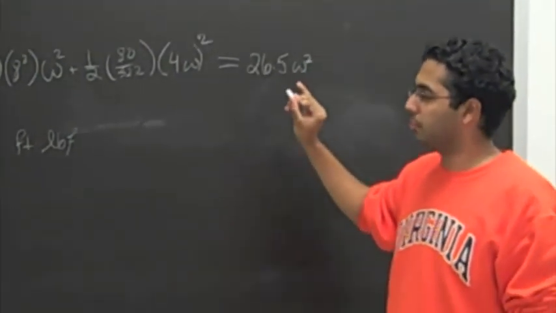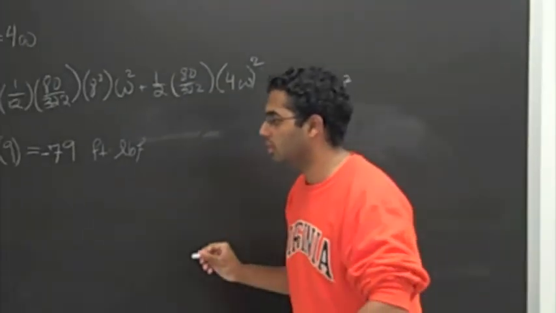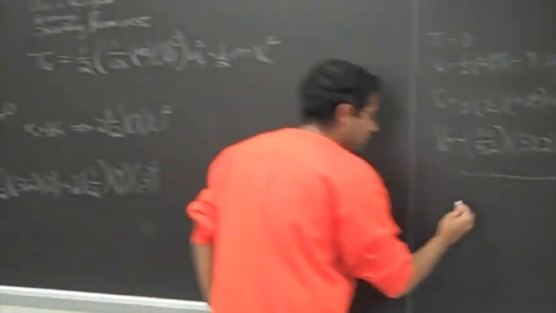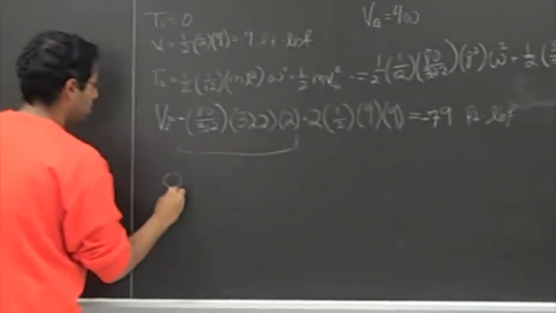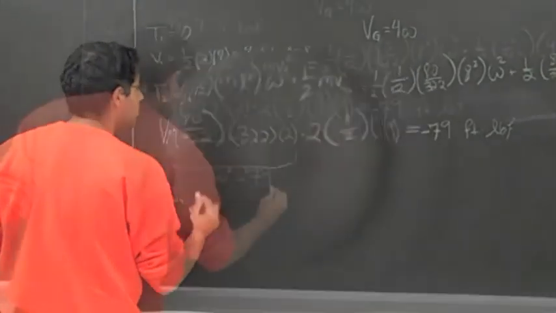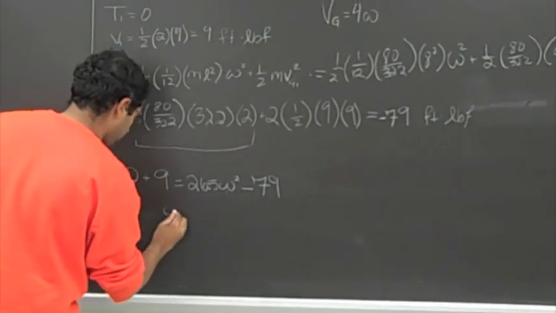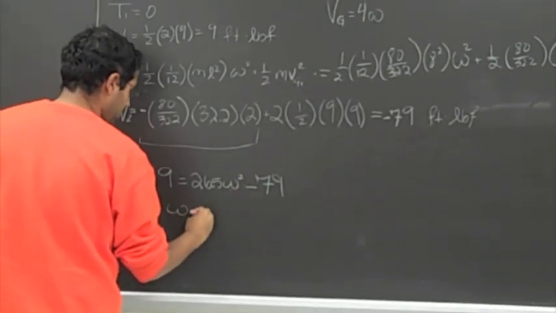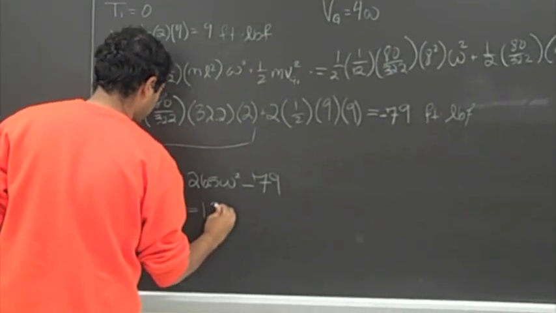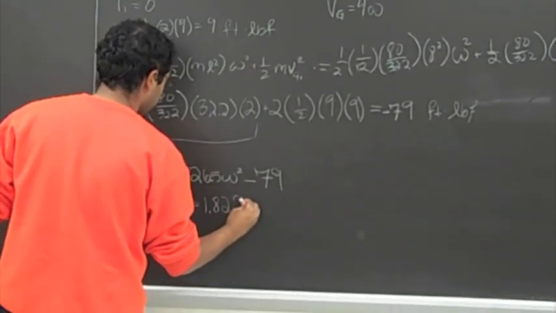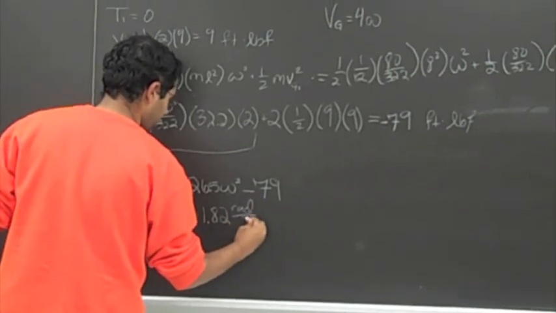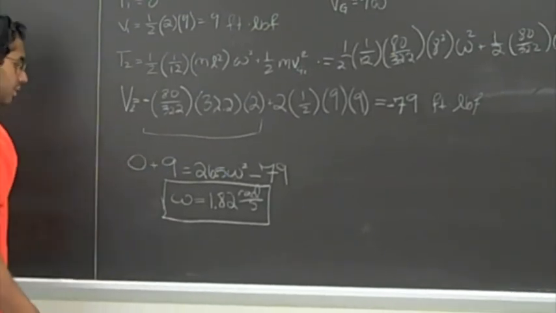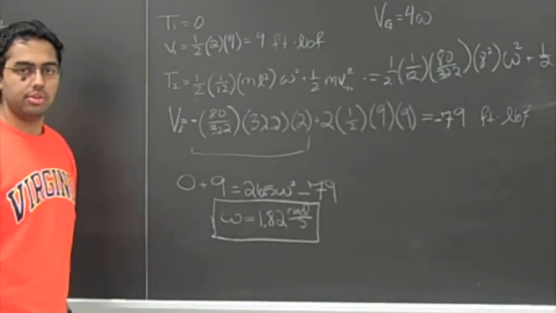So now we have all 4 of the expressions for the work energy equation, so what we can end up doing is simplifying this all down and putting it back into this equation, which is 0, T1, plus V1, solving for omega squared, or solving for omega, we end up with 1.82 radians per second. And this is the angular velocity of the door at the point theta is equal to 30 degrees.